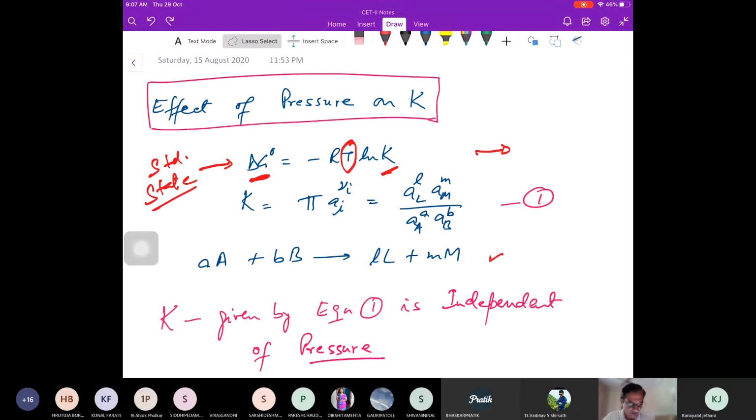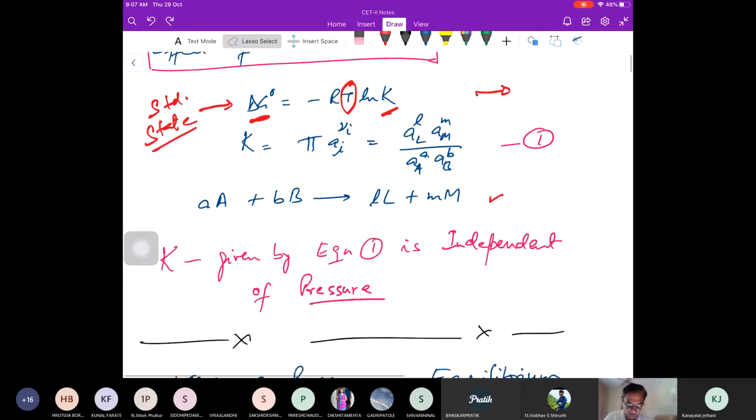And we know that by definition delta G0 is minus RT ln K. And delta G0 is in the standard state, which is defined for gases as low pressure or almost 1 atmosphere pressure. So in that case, there is no effect of pressure on the K value because we are talking about the standard state. So K, given by equation 1, is independent of pressure because we are talking about the standard state now, right?